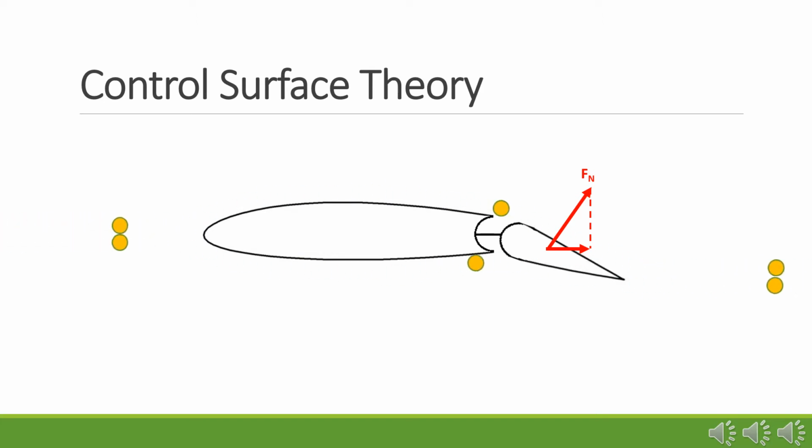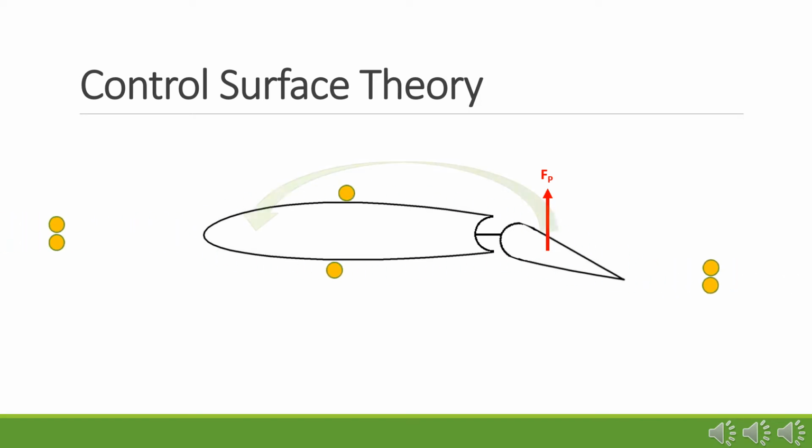We refer to this force as the drag force, which would act to slow the aircraft down. The other component acts perpendicular or at right angles to the motion of the aircraft. We call this force the perpendicular force. That is the force that causes the aircraft to change directions. In this case, the perpendicular force acts in an upward direction, causing the flight surface to rotate upward.